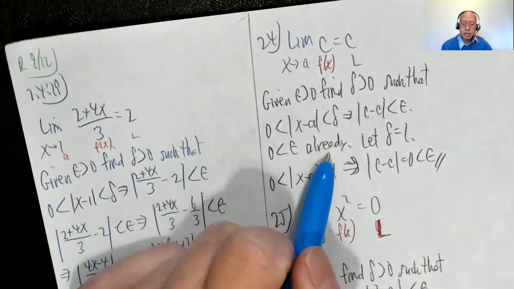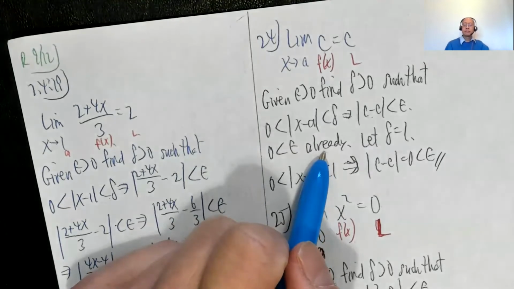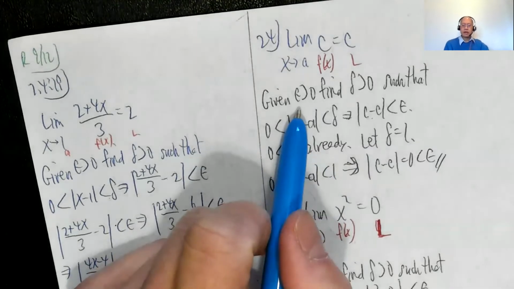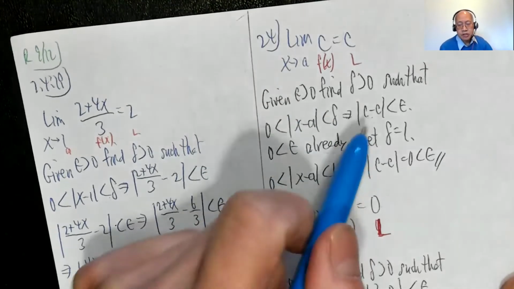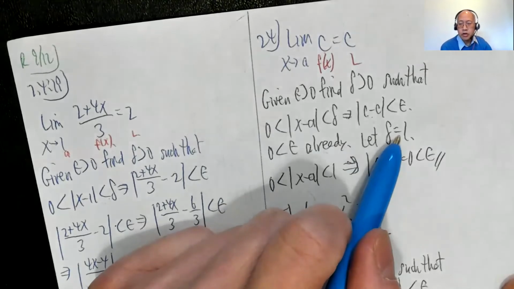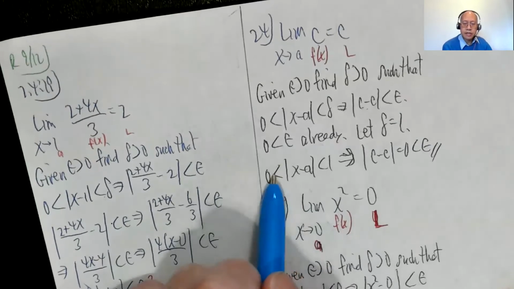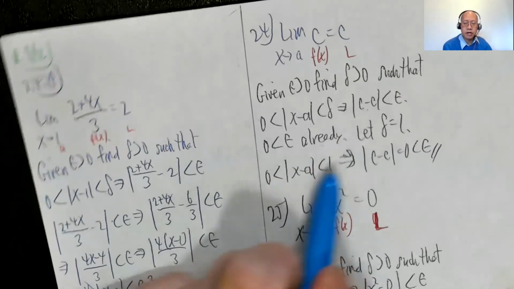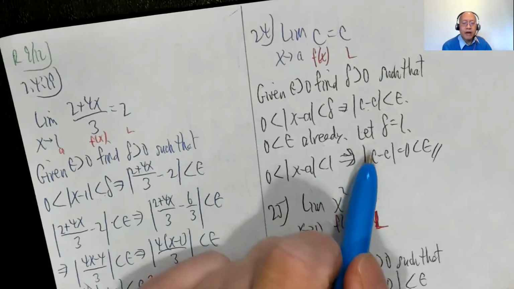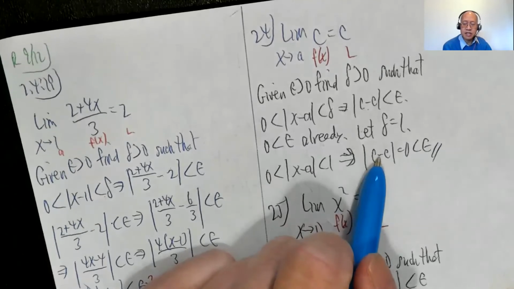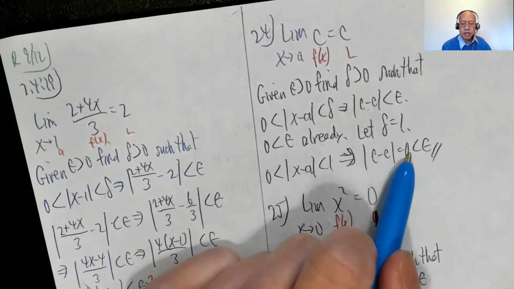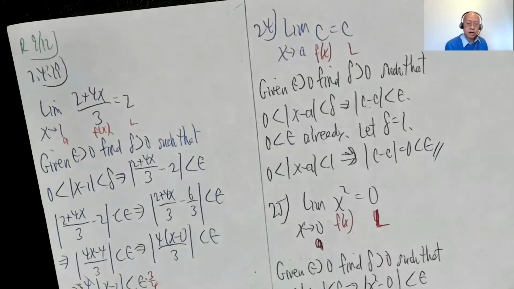So 0 is less than epsilon. That's already true, no matter what I pick for delta. So you can let delta be anything. So I pick delta equals 1, but you can let delta be 2, 3, 80, anything that you want. And that already shows that 0 less than the absolute value of x minus a is less than 1 implies the absolute value of f of x minus L, that's c minus c, which is 0, is already less than epsilon. Okay, so it's kind of too easy here.